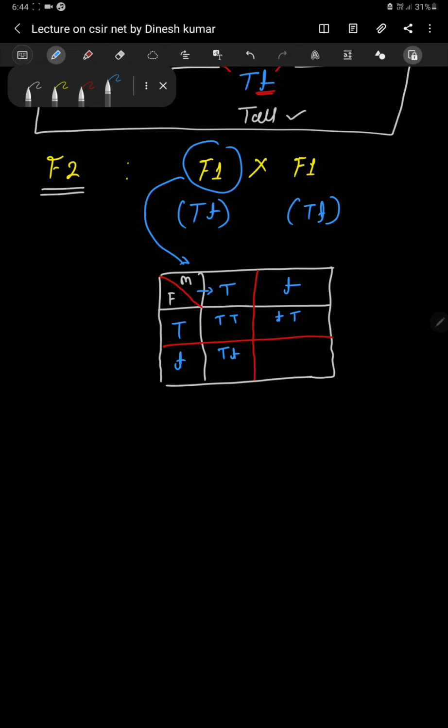And here we get small t from the first parent and small t from the second parent. So this is the outcome.